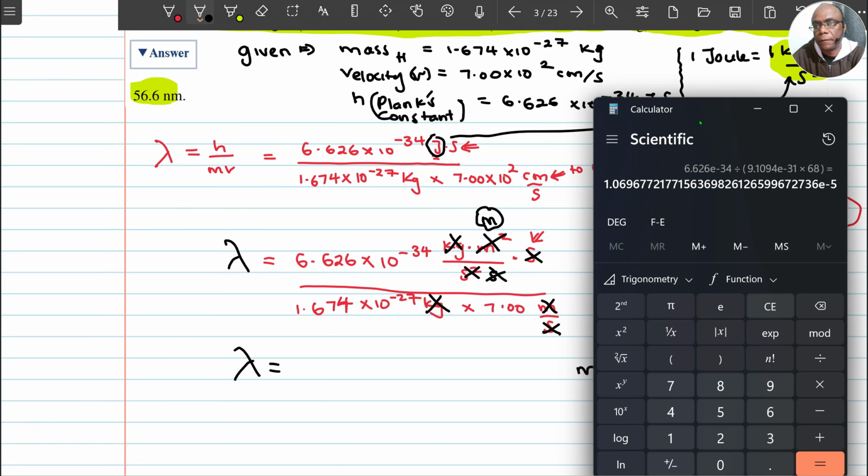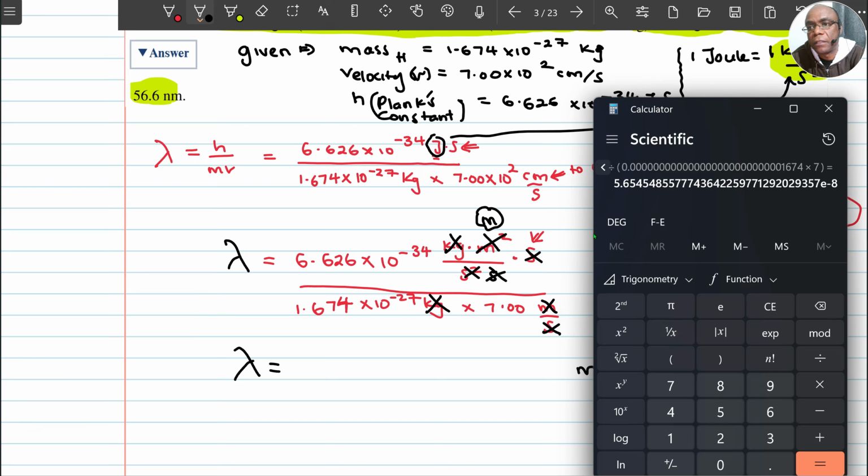Here's my calculator, so I'm going to do 6.626 exponent negative 34, and then I'm dividing it by the product of the denominator, which is 1.674 exponent minus 27 multiplied by 7, closed by parentheses.